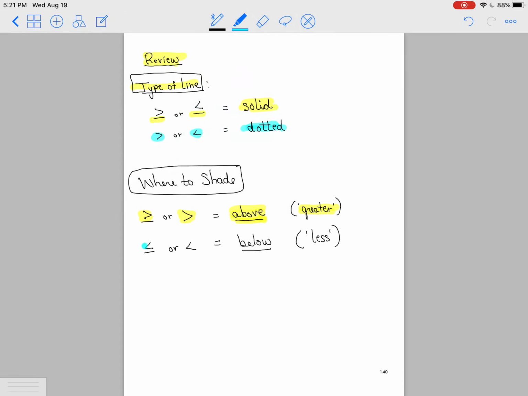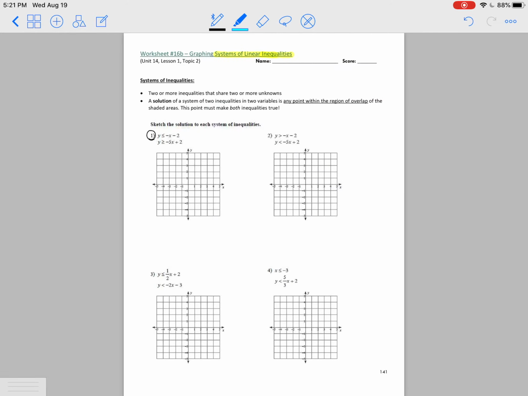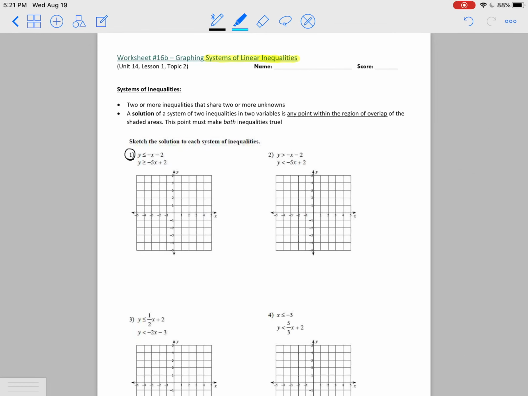Okay, and of course the opposite is true. If you have less than or equal to or less than, we hear that word less. Well, less is below, it's going down, so we shade below. So it's important for us to think about that before we begin. All right, guys.